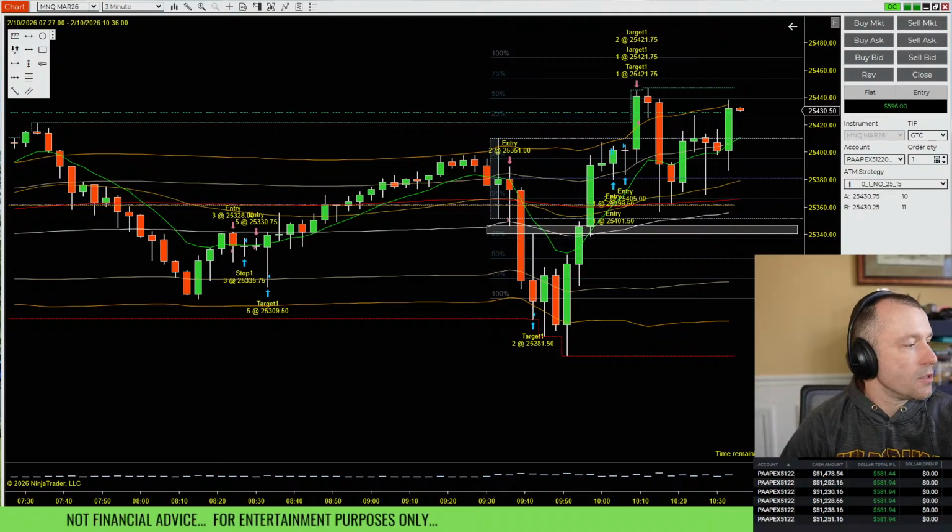All right, it's a bullish close on the 3-minute chart. 5 and 15 are still bullish as well. 2 minutes till the close on the 5-minute chart.